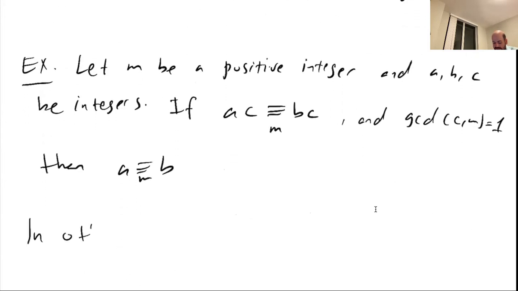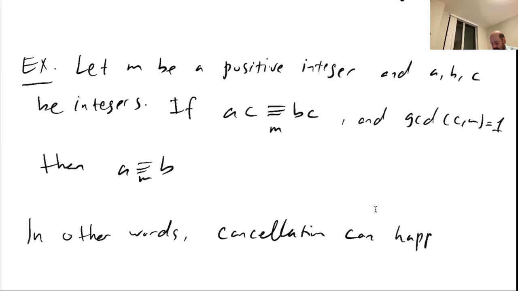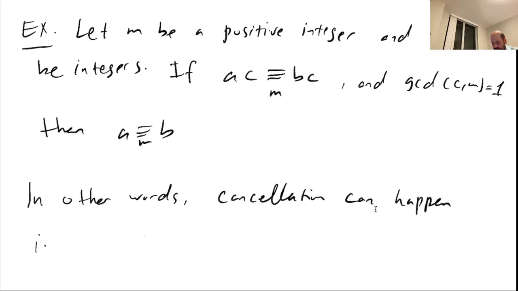In other words, cancellation can happen in congruences if GCD of C and M is 1.